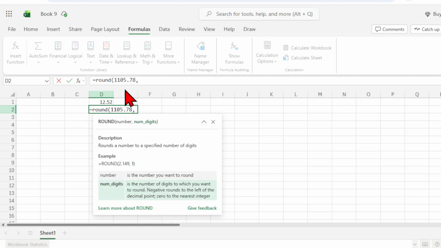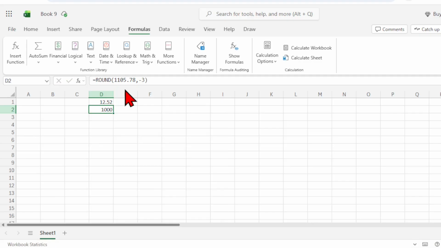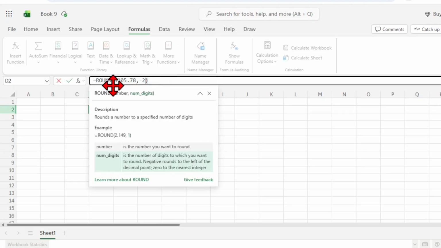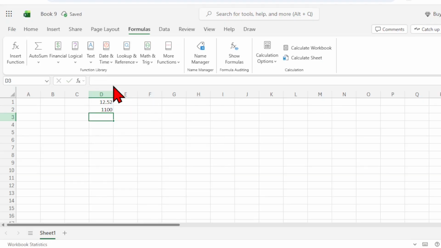So the ones digit is -1, the tens place is -2, and the hundreds place is -3. I miscounted. The hundreds place would be -2, two places before the decimal point. Much better. Pretty straightforward.